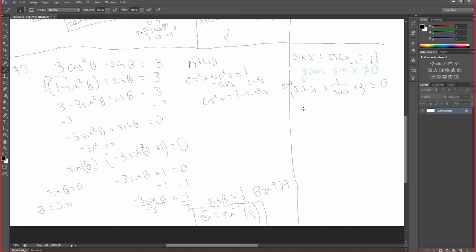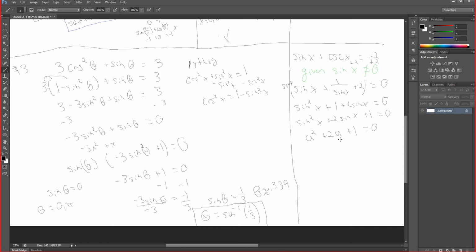So I'm going to get sine squared of x plus 1 plus 2 sine of x as 0. So this is sine squared x plus 2 sine x plus 1 equals 0. We can now do that kind of substitution. I'll say this is u squared, so I'm not using x again, plus 2 times u plus 1 is 0.